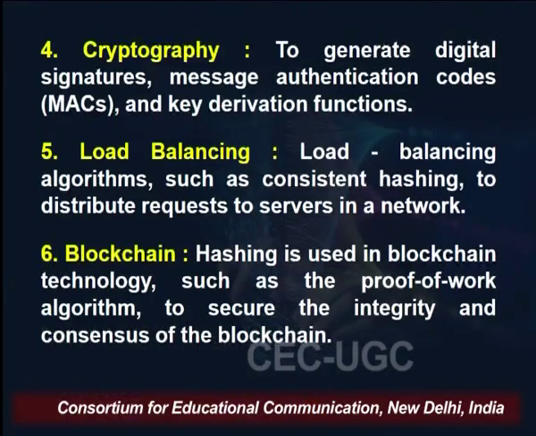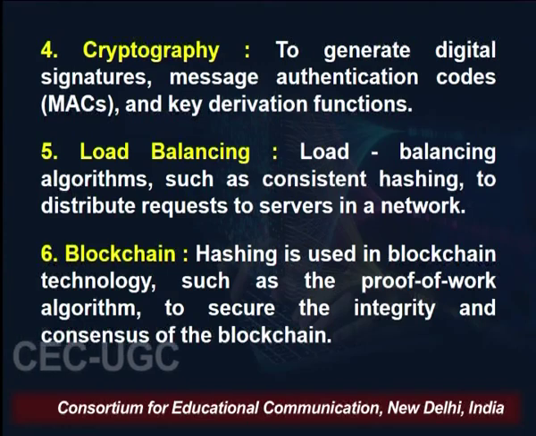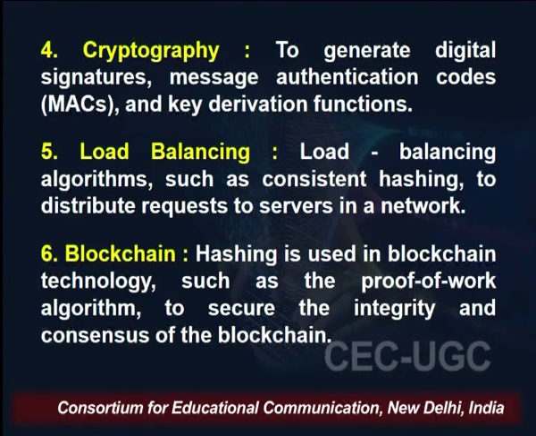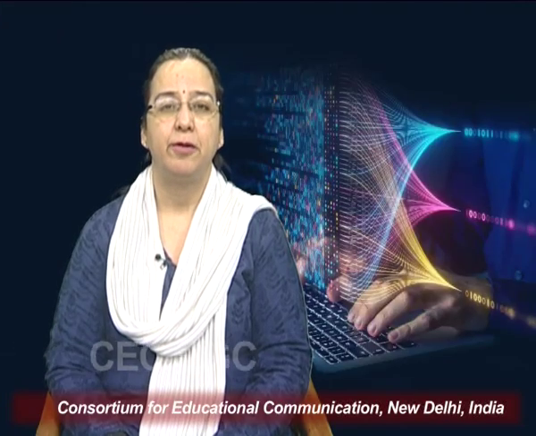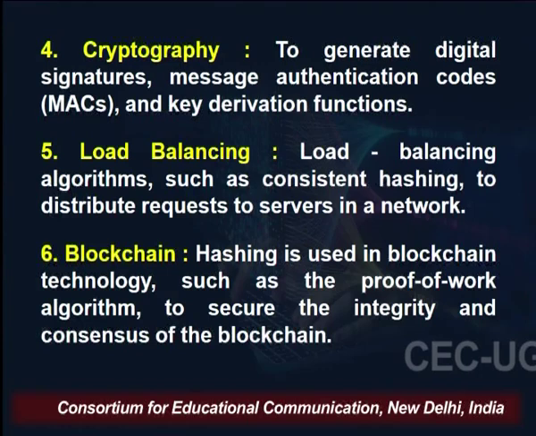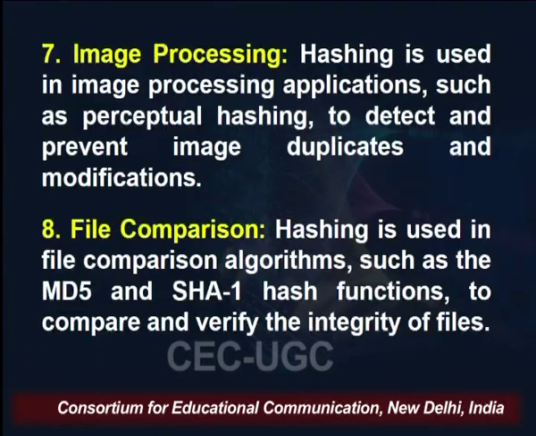Hashing is used in blockchain technology, such as the proof of work algorithm, or to secure the integrity and consensus of the blockchain. You ultimately need some kind of hash codes. So blockchain is an emerging application, and it relies heavily on hashing.